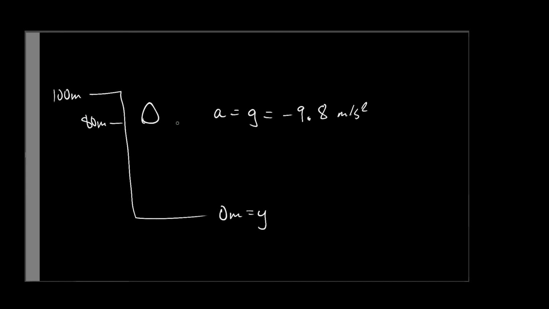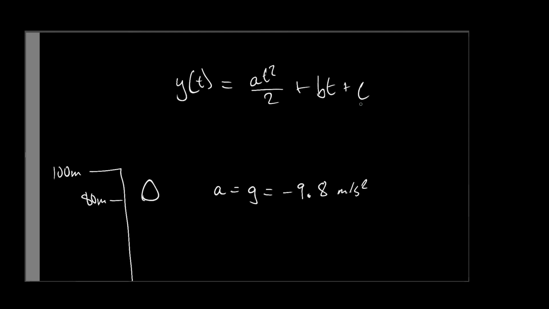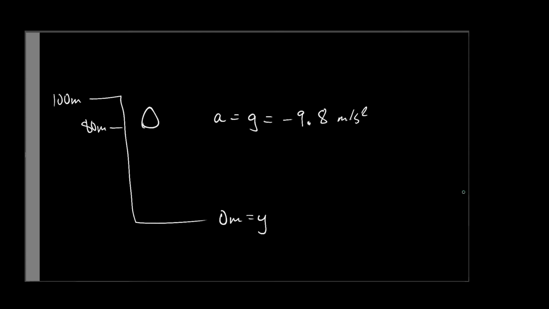Now, c we know is a constant, right? Because there's no time in it. Whatever c is, it stays the same. It doesn't change over time. Well, if you look at this 80 meters, the initial position that it was dropped from, it actually doesn't change over time. At 1 second, it was still originally dropped from 80 meters. At 2 seconds, it was still originally dropped from 80 meters.